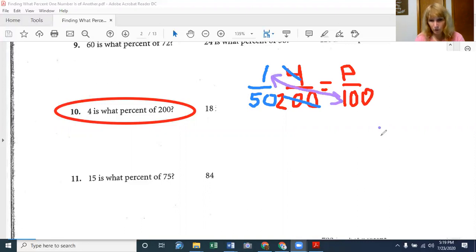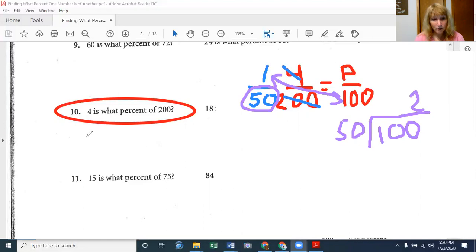That gives you 100. And then we're going to divide by the number that's left, which in our case is 50. So pretty easy on this one. 100 divided by 50 is, right, 2. So 4 is what percent of 200? It is 2%.